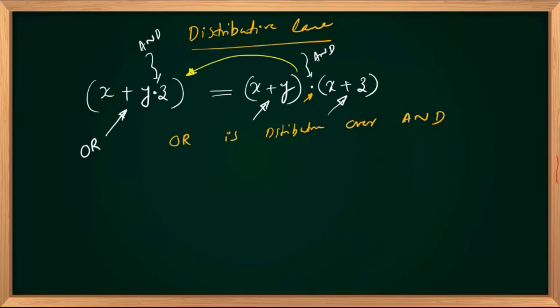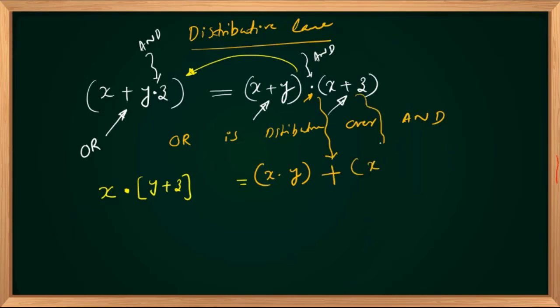Then let us take the dual of both sides, LHS and RHS. The dual of x will be x itself, and the or sign will be replaced with the and sign. y dot z will be y or z. That would be the same as the dual of the right hand side: x or y becomes x dot y, and this and sign should be replaced with the or sign, so x dot z.